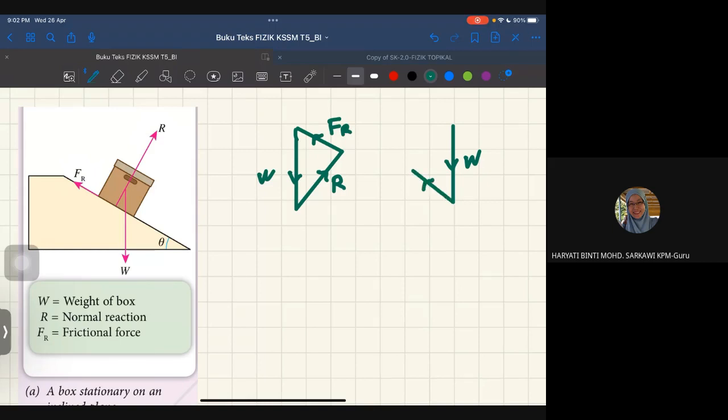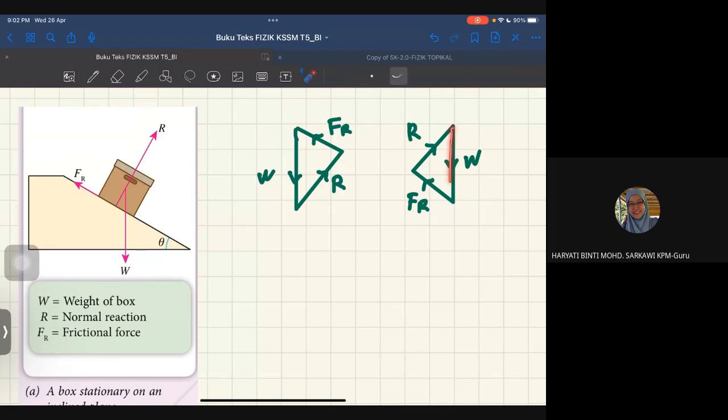You see, I don't change the direction. Direction is still the same. So that means the slanting angle must be the same. So this is FR. And then R, I draw behind, as if I copy this and then paste here. Can see or not? Label here. So still, I get a closed triangle with one direction.